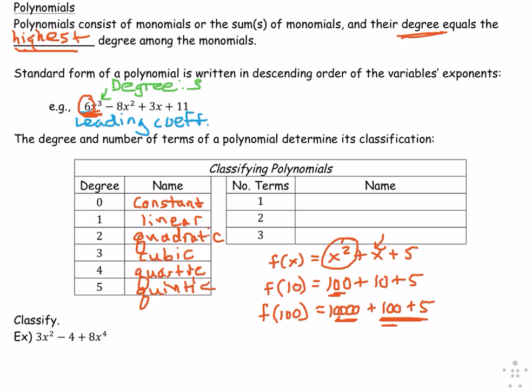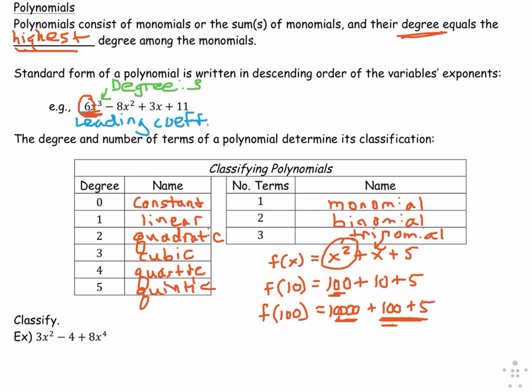You must remember and spell those correctly for full credit. Now, when talking about the number of terms, a single term is going to be monomial. 2 terms, binomial. And 3 terms is trinomial. The list goes on, but for our purposes, we'll stick to this list.